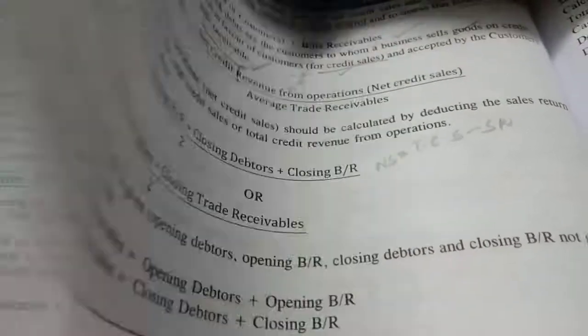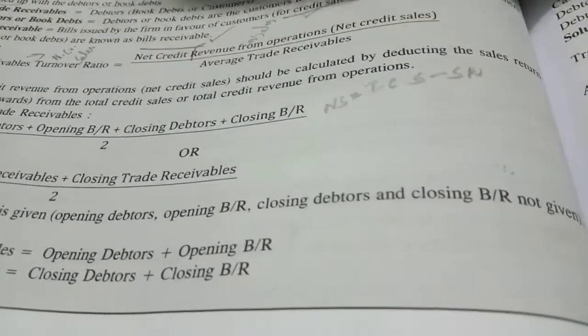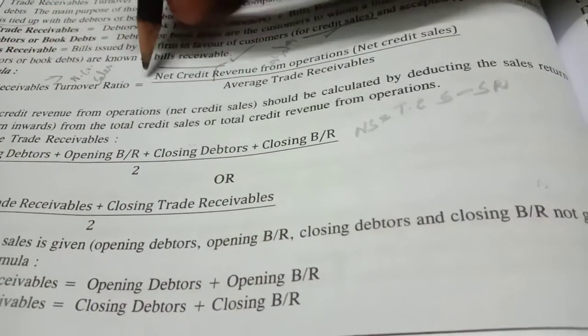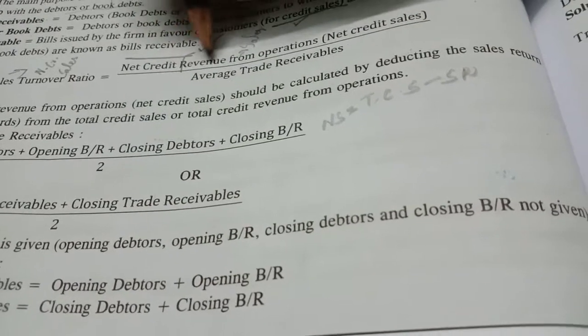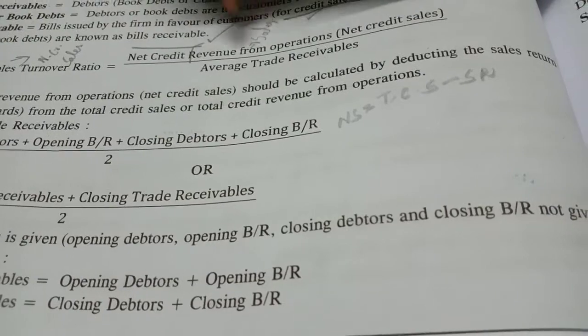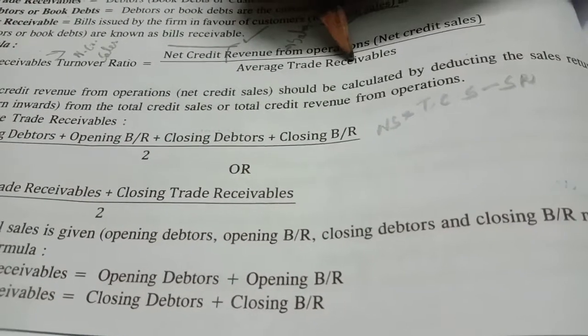So no need to mug up the formula. Simple logic: trade receivable turnover is net credit sales or revenue from operation divided by average trade receivable.